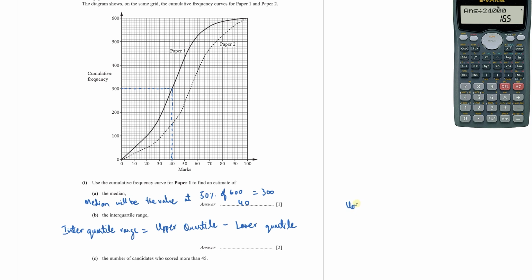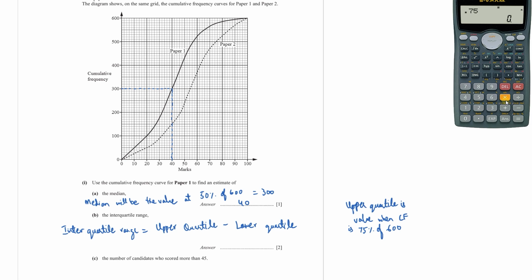So upper quartile is the value when cumulative frequency, so I'm writing cumulative frequency as CF, when cumulative frequency is 75% of 600.